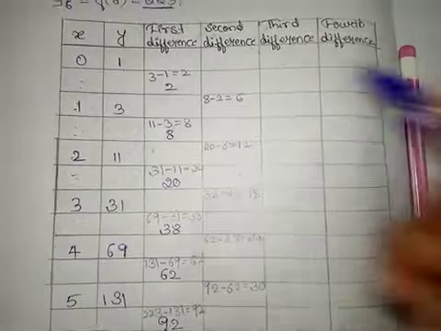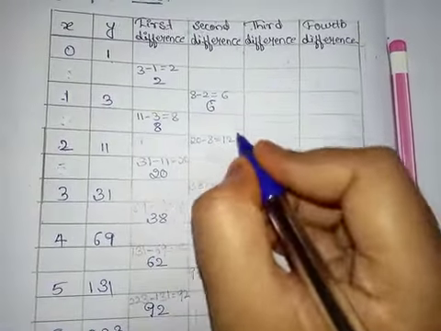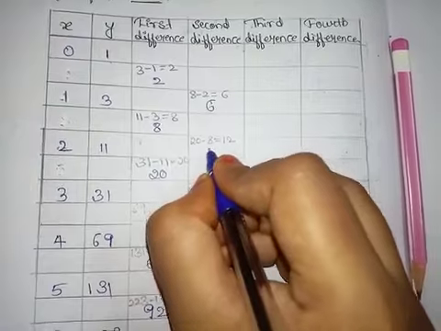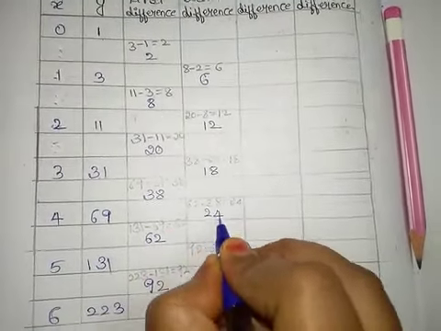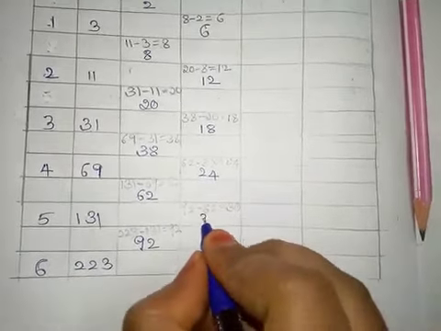I will write again: 6, this is 12, 18, 24, and this will be 30.